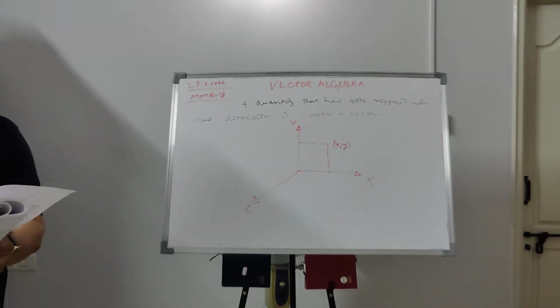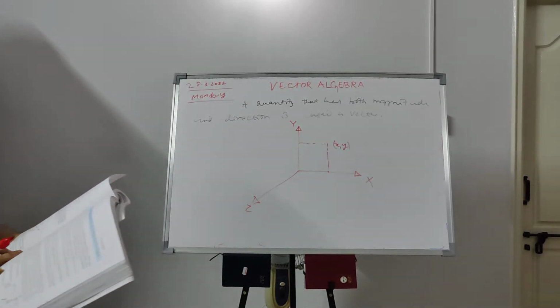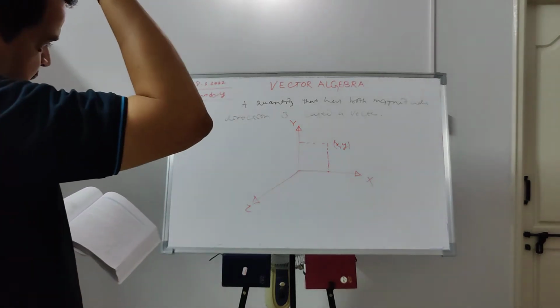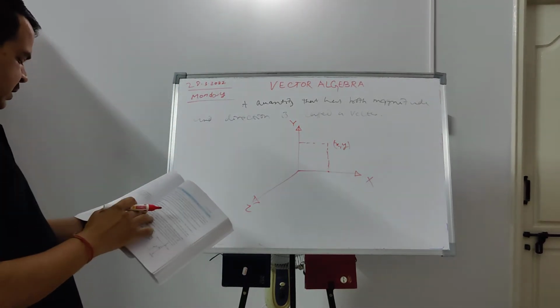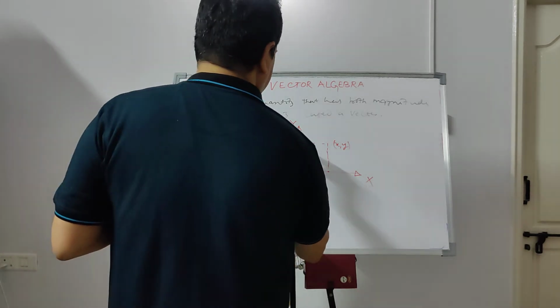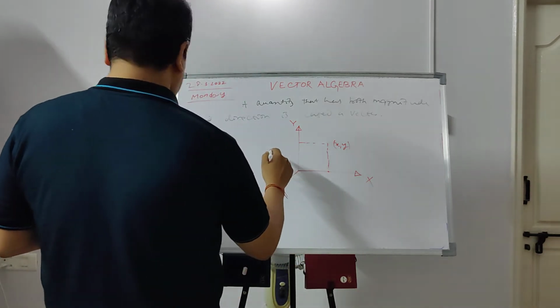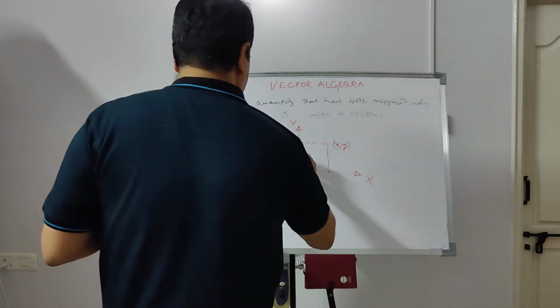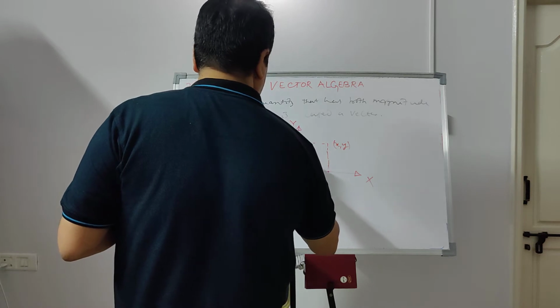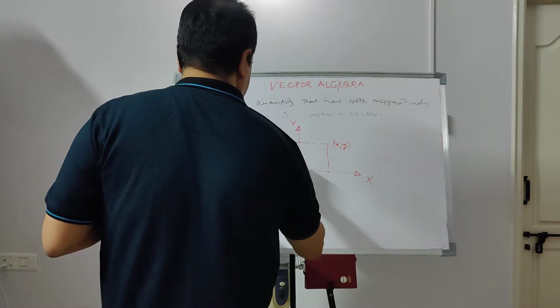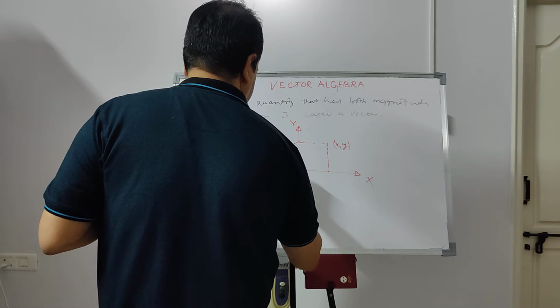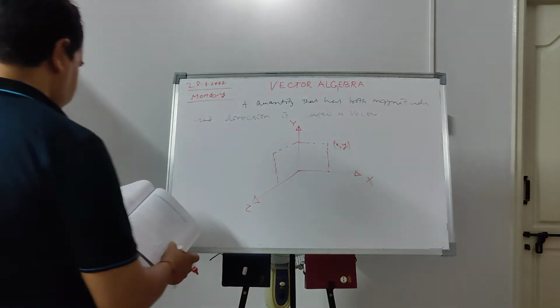We can represent it by something like this. Let us say this is x, then this is this, and this is this.